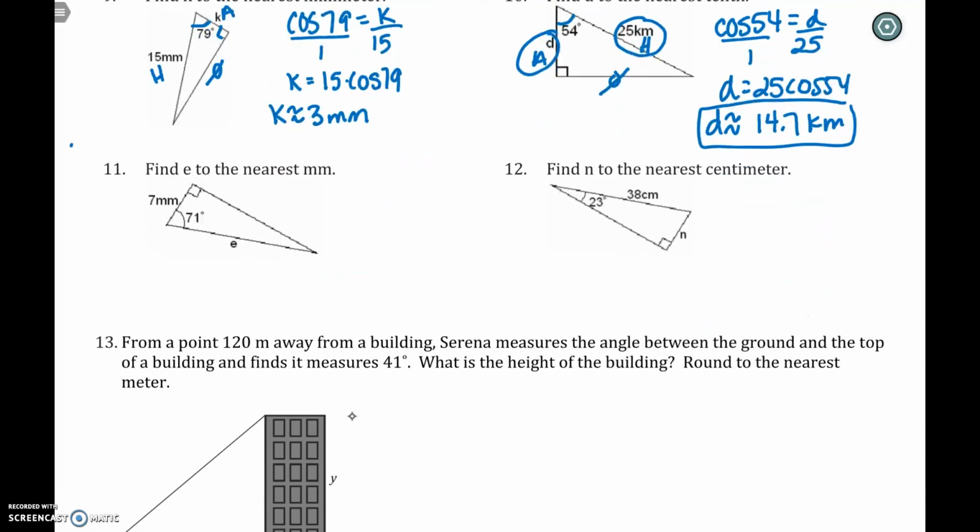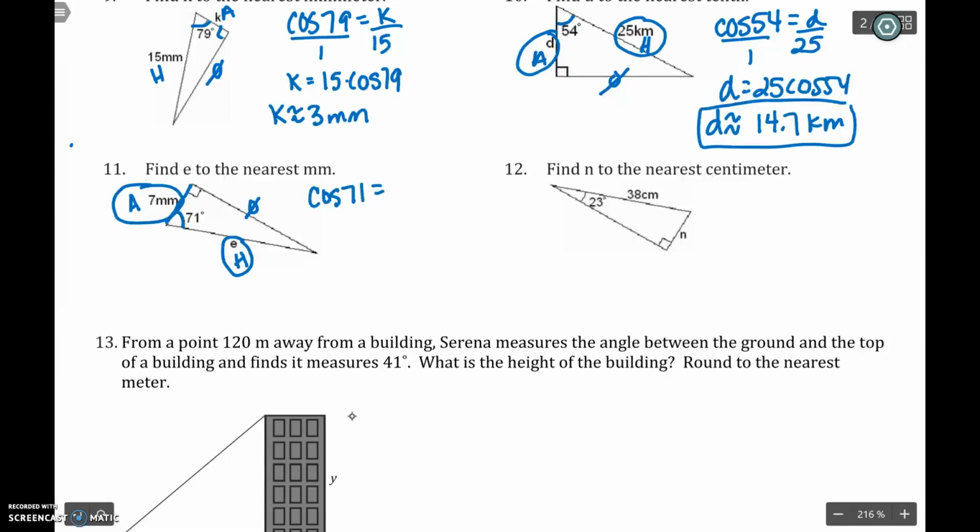For number 11, our 71 is our angle. Across from it is opposite, which is blank. Across from the 90 is the hypotenuse, which is e. And next to the 90 and the angle is the adjacent. And this is another cosine because, again, it's adjacent and hypotenuse. So cosine of a 71 degree angle. The adjacent is 7 and the hypotenuse is e. Cross multiply.